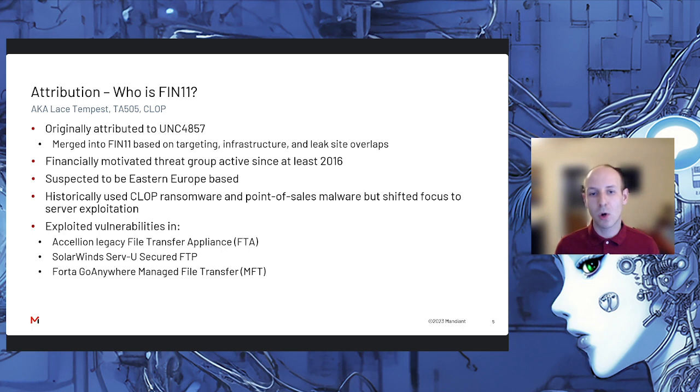As more and more information came in from the various investigations, public reporting, based on some of the targeting, infrastructure overlap, and then finally when CLOP said, hey, this was us, this UNC got merged into a FIN11 threat group that Mandiant has tracked.